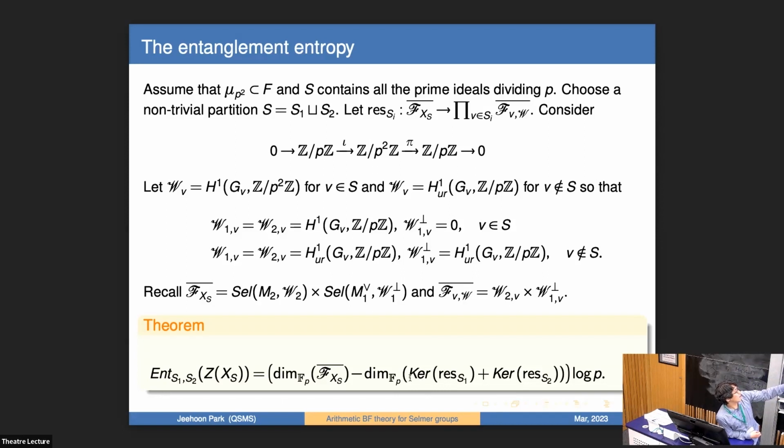Then you take the orthogonal complement, and there will be 0 and so on. In this case, if you compute the entanglement entropy, it turns out that the BF functional becomes trivial. It's actually 0. You can show it's 0. That means e to the 2 pi i Cassels-Tate pairing is 0.